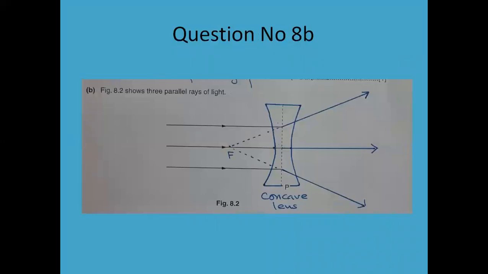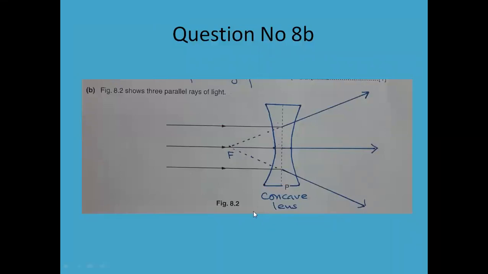So here you can see I have drawn a concave lens. This is a diverging lens. This light ray which passes through the optical center will go undeviated. Here is the F, I've just supposed the F is here. This ray will be diverged and it will appear that it's coming from here. And this ray will diverge and it feels that it is coming from this point.